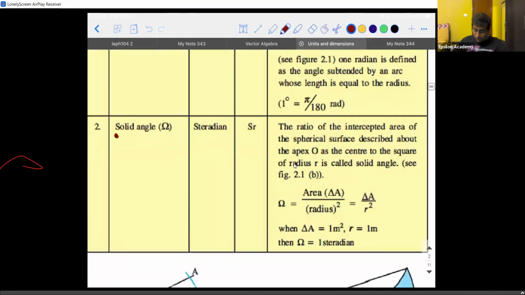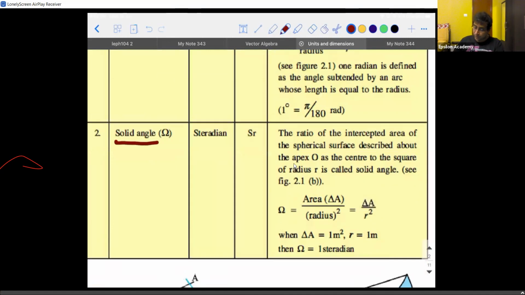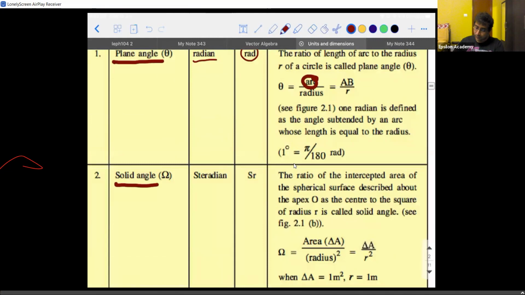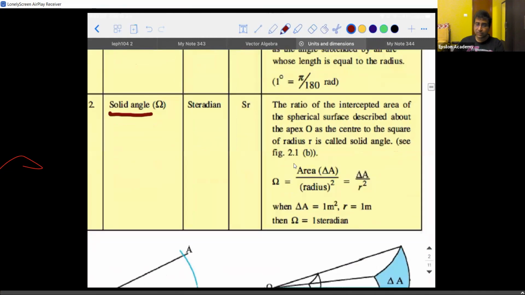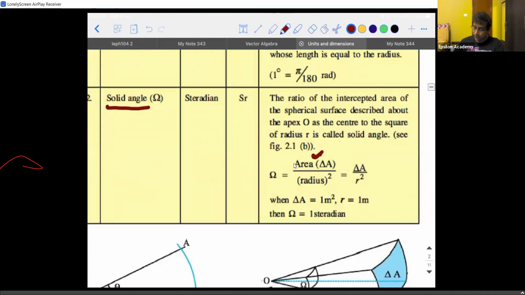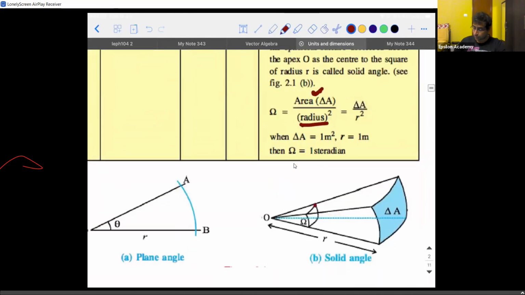So there is something called solid angle, which is a two-dimensional measurement. Like how we say radian is equal to arc length divided by radius, steradian is defined as the area divided by radius square. Generally this angle is what we call solid angle, but its main application you will have in engineering, so I don't want to stress on that point and confuse you.